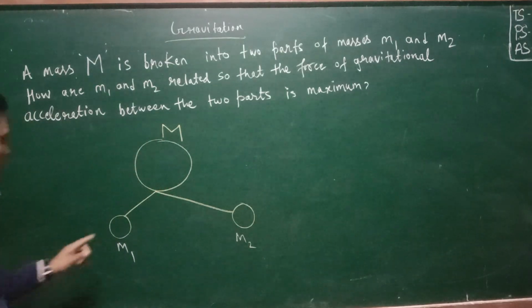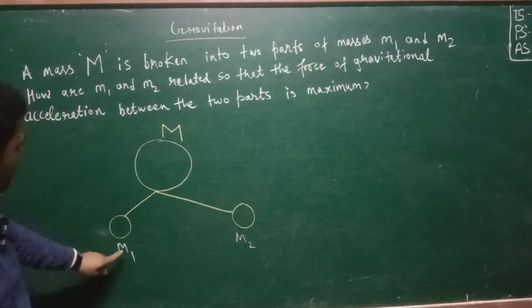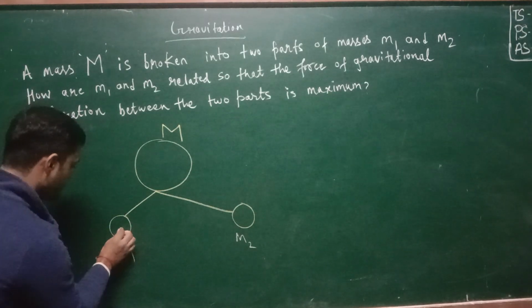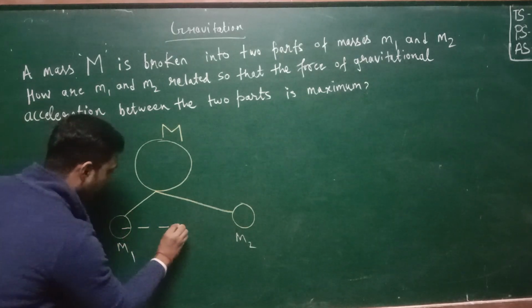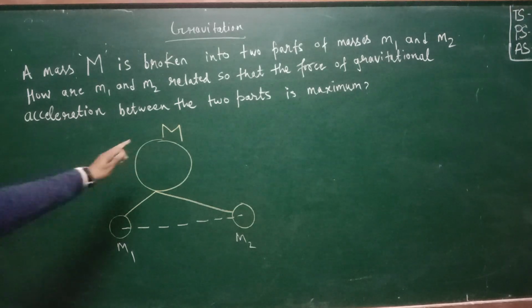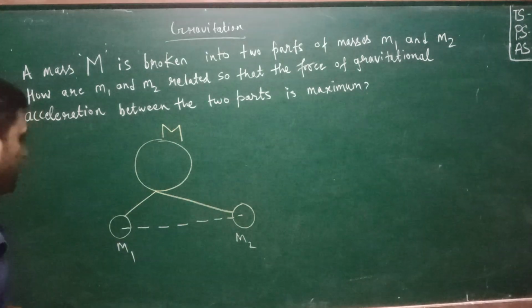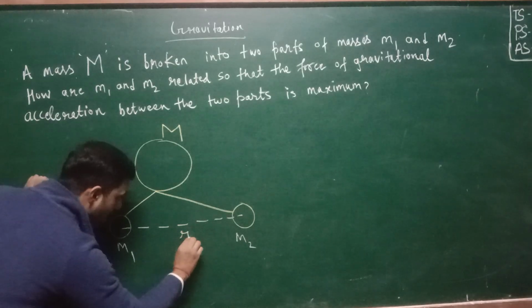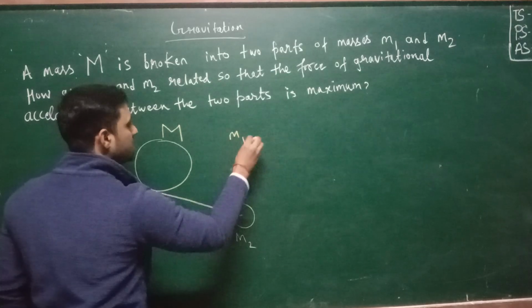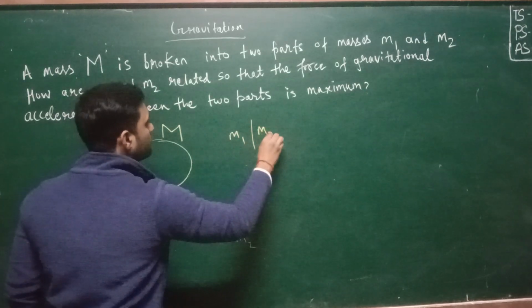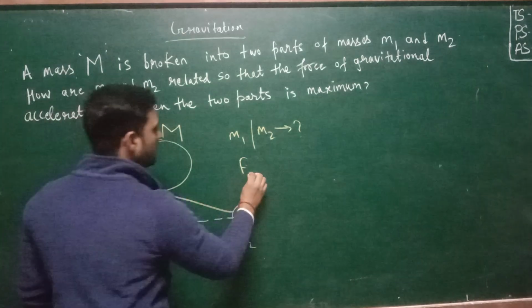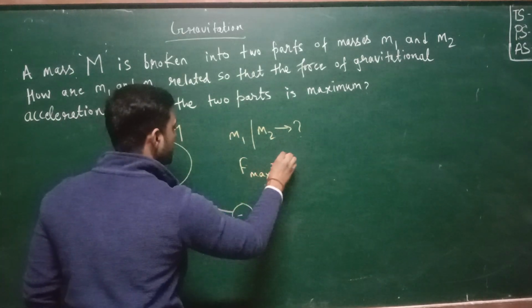Now the question is, what should be the relation between m1 and m2 so that the gravitational force between the two parts is maximum? Let's say the distance between the two masses is r.